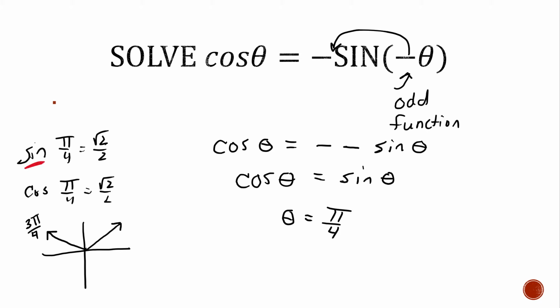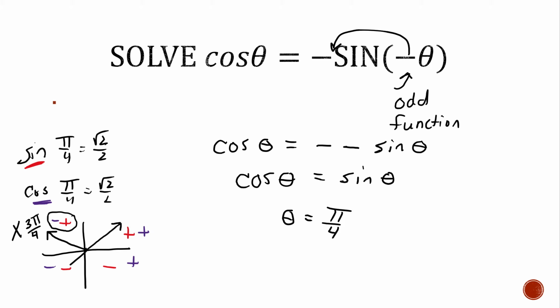So for the sine function, remember that the chart goes like this. And for the cosine function, the chart goes like this. So even though in that second quadrant they have the same value, one of them's positive and one of them's negative. So that's not going to work for me.